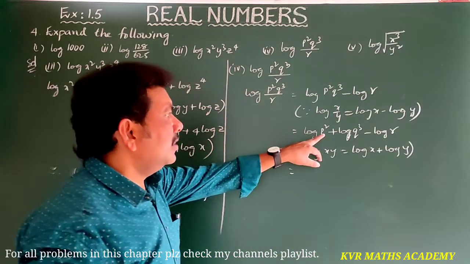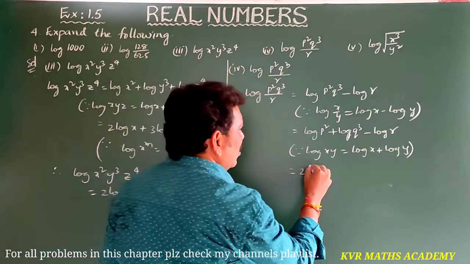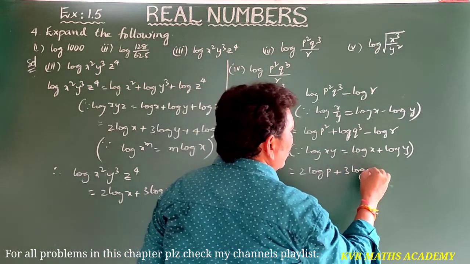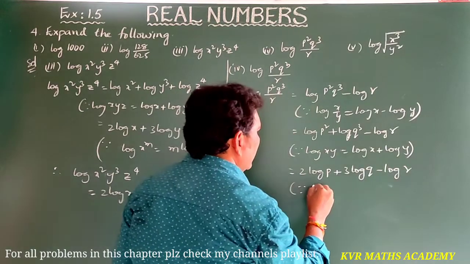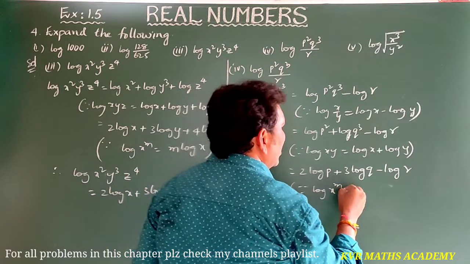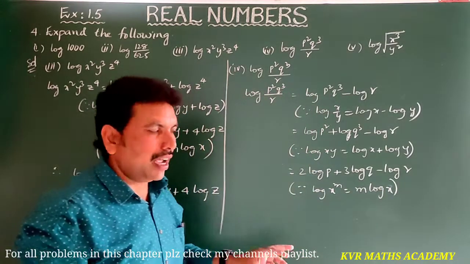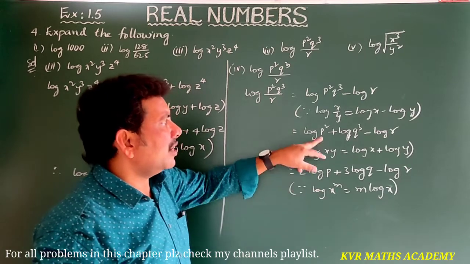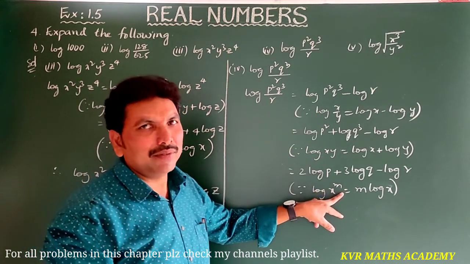Again, log p square means 2 log p. So 2 log p plus 3 log q minus log r, since log x power m is equal to m log x. We have to thoroughly learn these formulae by heart. What are those? Log x by y, log xy, log x power m.